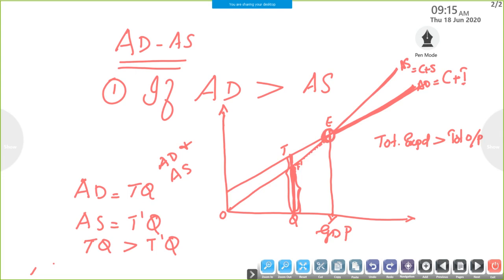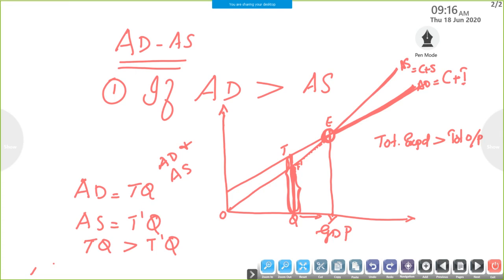So what is happening here? If AD is less than AS, this is AD TQ, AS is T dash Q. What can the economy do? Production should increase. So producers are ready to increase their production. As a result, national income tends to rise.